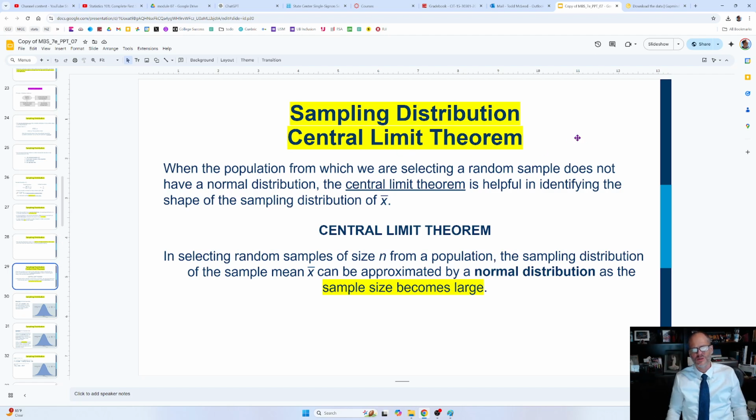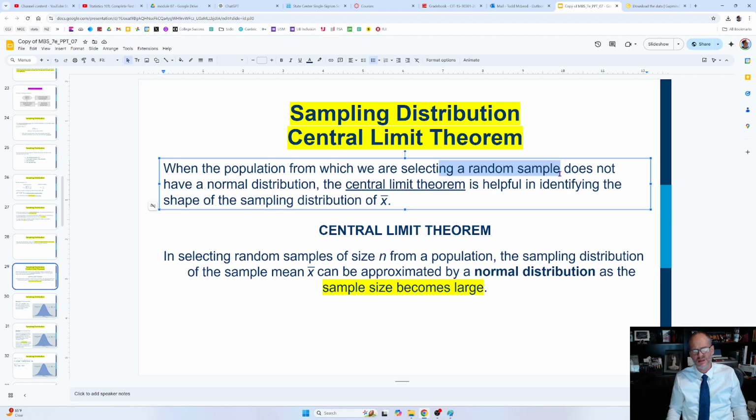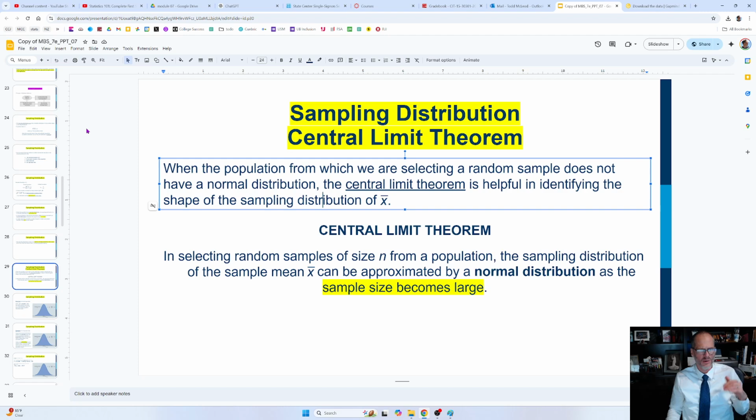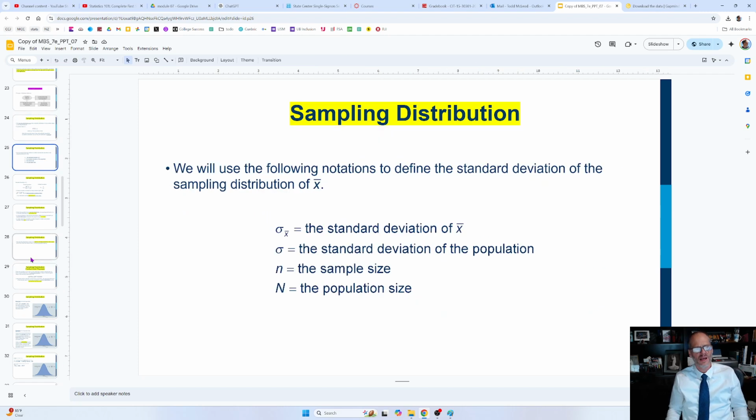So the central limit theorem says when the population from which we are selecting a random sample does not have a normal distribution, the central limit theorem is helpful in identifying the shape of the sampling distribution of x bar, the sample mean, in all these examples that are yellow.